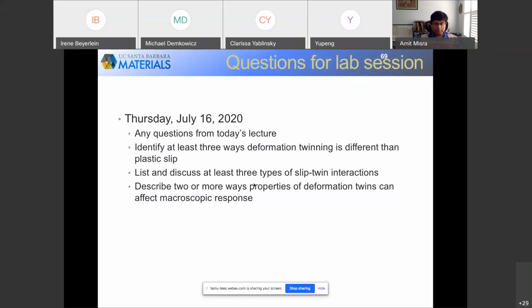Now, if you have a perfect crystal so that there's not any hindrance from propagating across the crystal, across the grain, then it depends on the driving force. Sometimes the driving force to grow an embryo is favored more than for it to propagate inside the crystal.